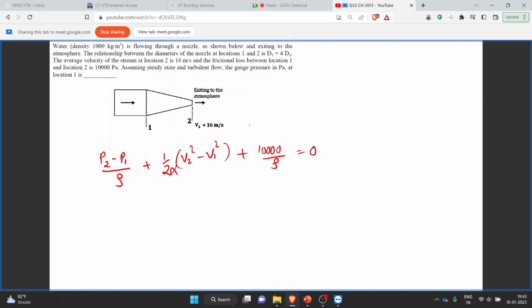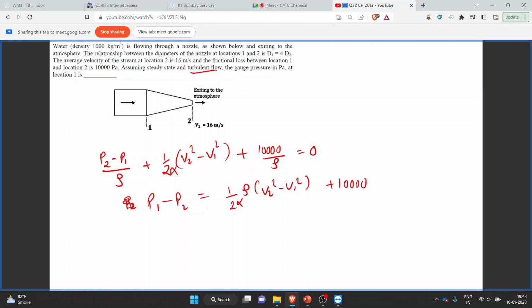Now we can replace all the values over here. We haven't been given anything about P2, so we can write this as P1 minus P2 is equal to 1 upon 2 alpha rho (V2 square minus V1 square) plus 10,000.